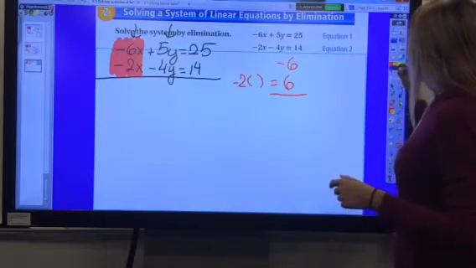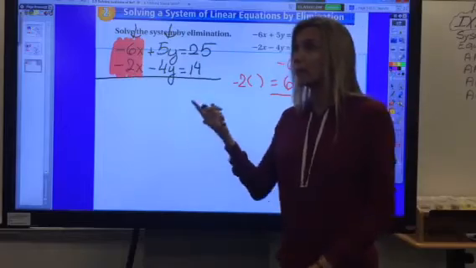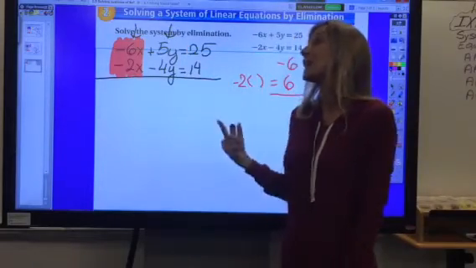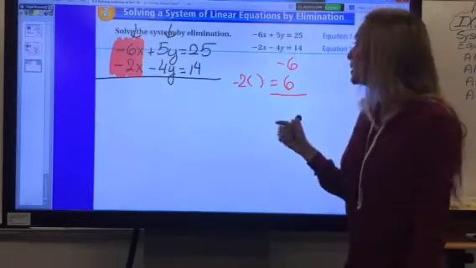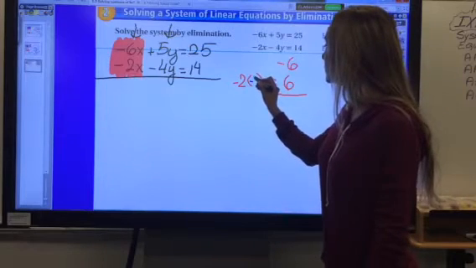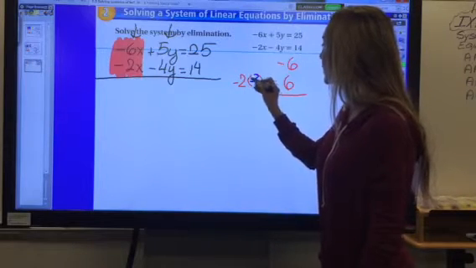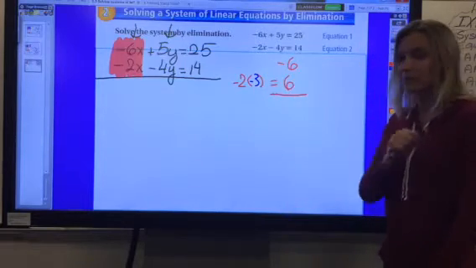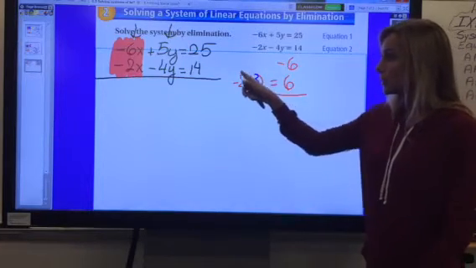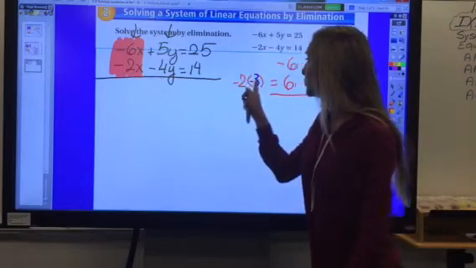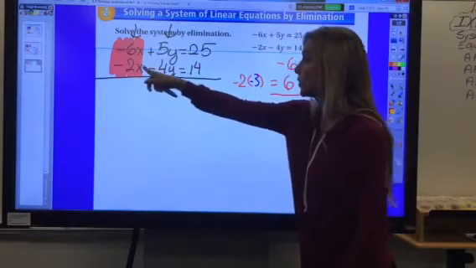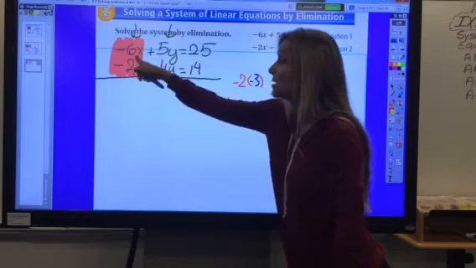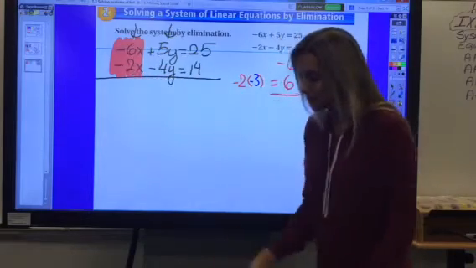So I know negative 2 times positive 3, negative times positive will give me negative 6, so that's not it. However, negative 2 times negative 3, you remember negative times negative will give me positive, will give me 6. So I have to multiply this negative 2 by negative 3. So this x will become positive 6x.